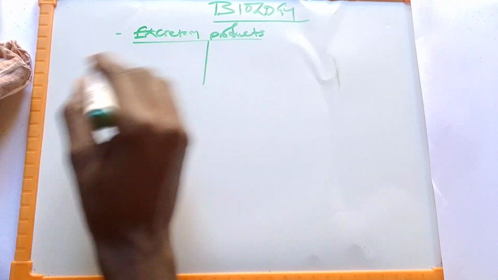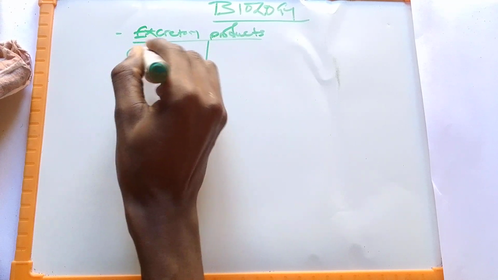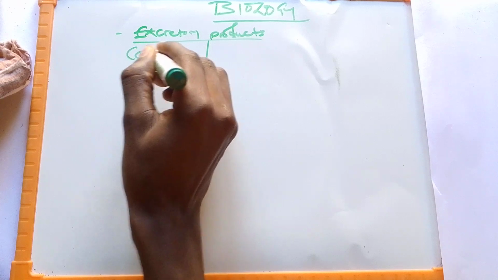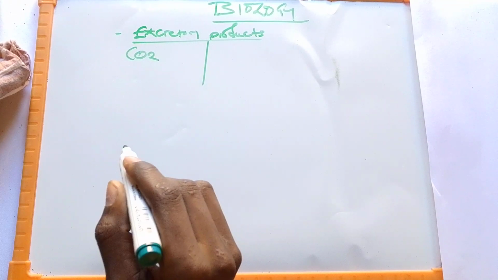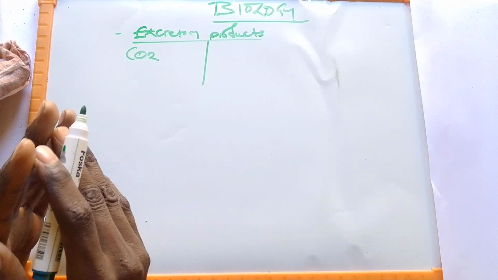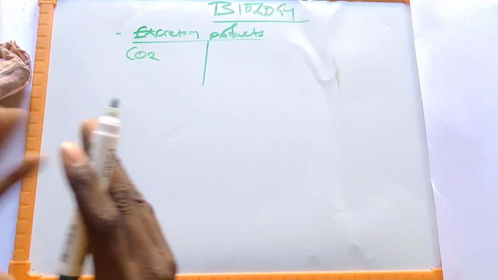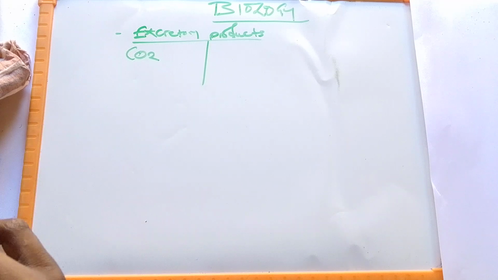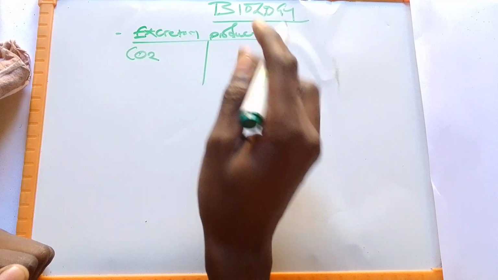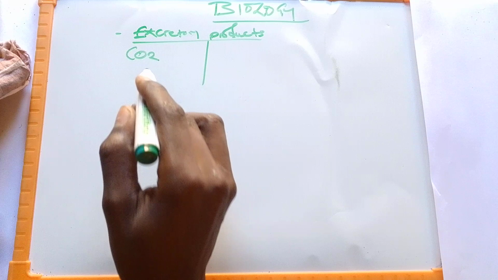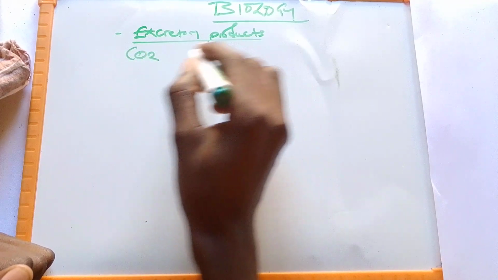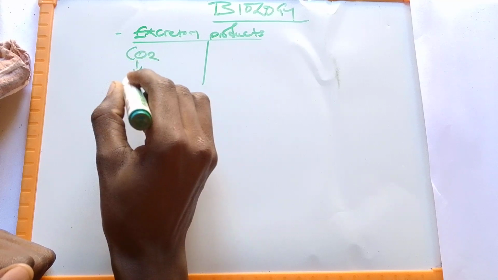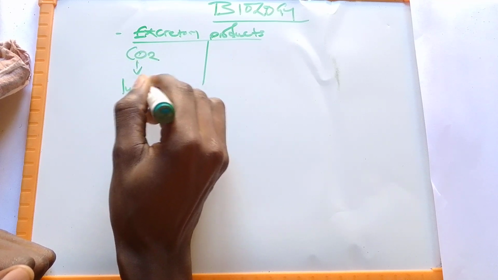So for example, if we talk about carbon dioxide, CO2, carbon dioxide is the respiratory product which is produced once the body gets energy from the food substances. Then the organ which will be responsible for the excretion of this carbon dioxide will be the lungs.